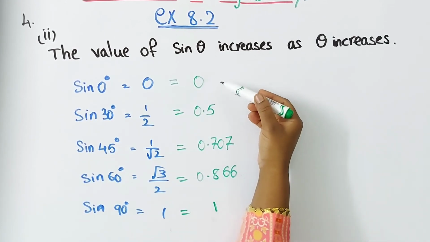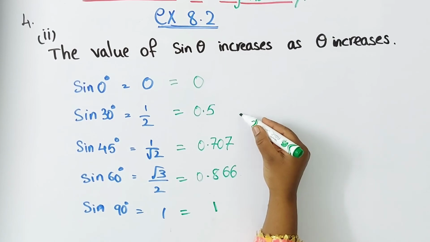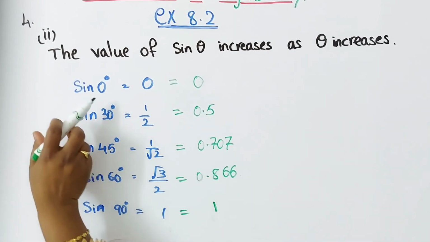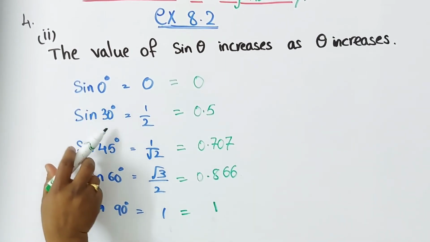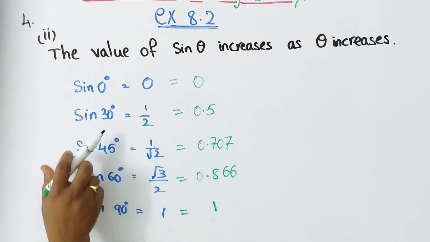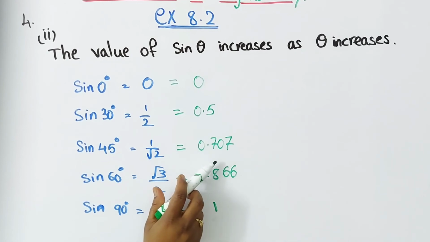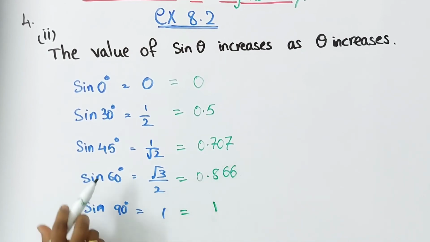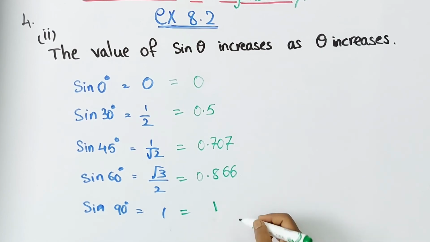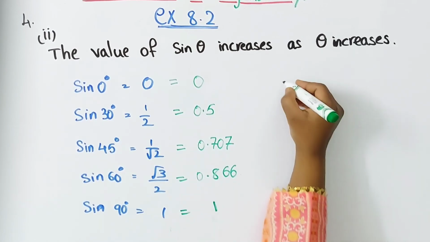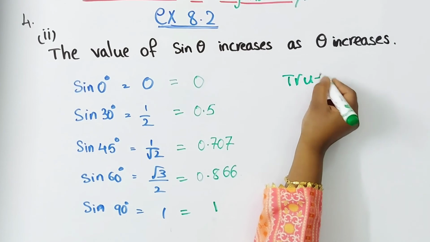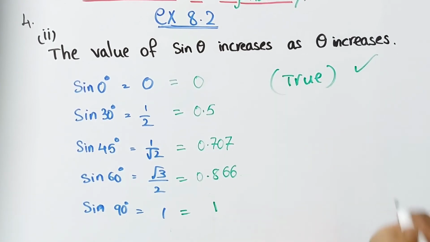Here you observe the values 0, after that 0.5, increasing. As theta is increasing, see here 0 to 30. Now this is also increasing. Now 30 to 45, theta is increasing, here 0.5 to 0.7. This is also increasing, and 45 to 60, 60 to 90. So the value is increasing. That means this statement is true. Correct, children?